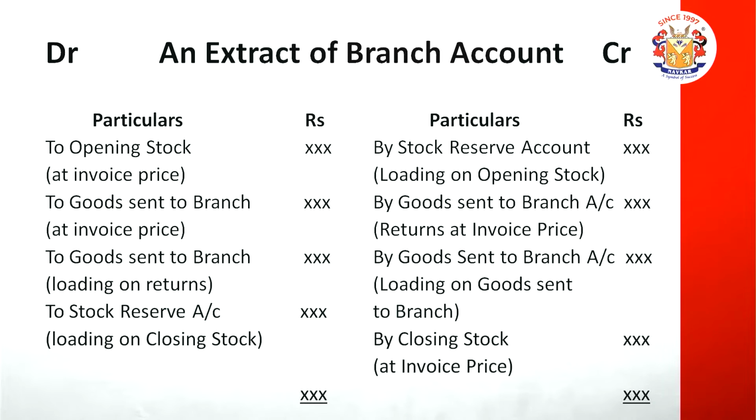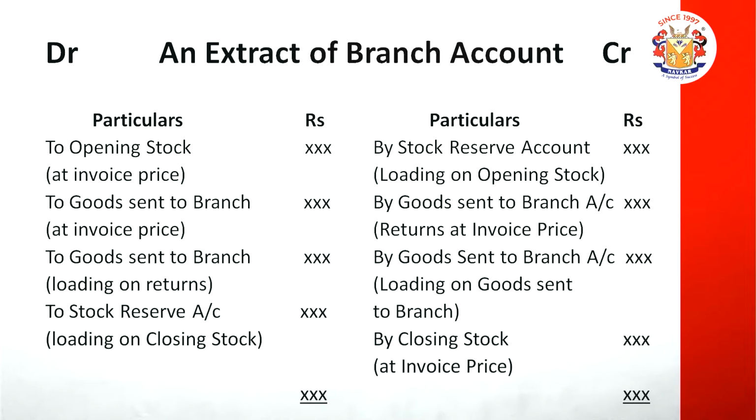Opening stock, obviously at invoice price, but unrealized profit in opening stock would be credited to branch account. Ultimately, the journal entry regarding loading on opening stock will be like this: stock reserve account debit to branch account.